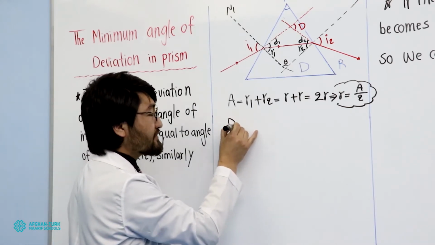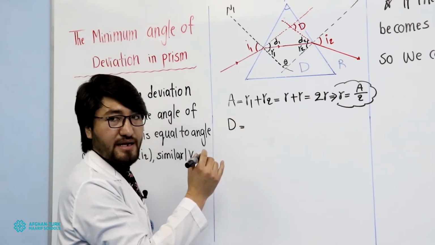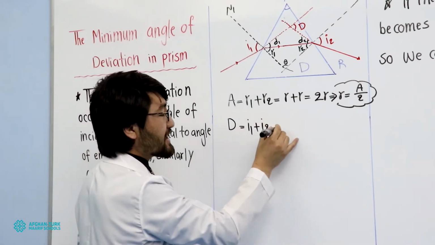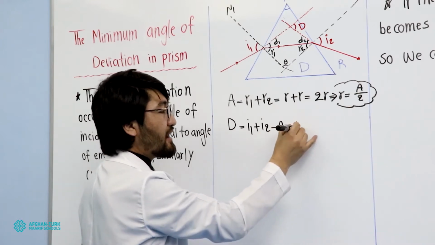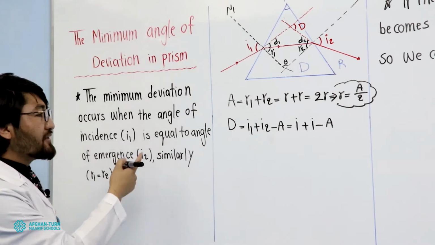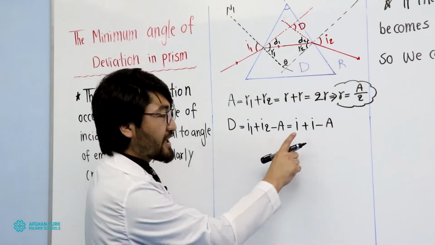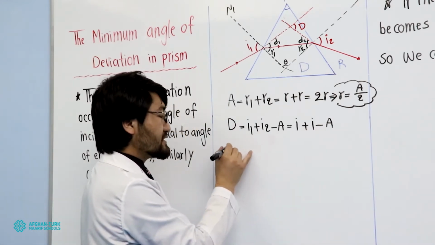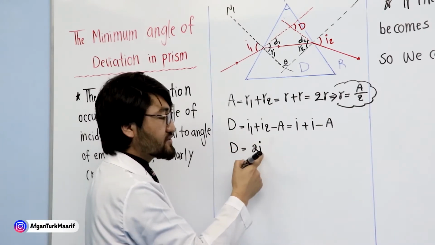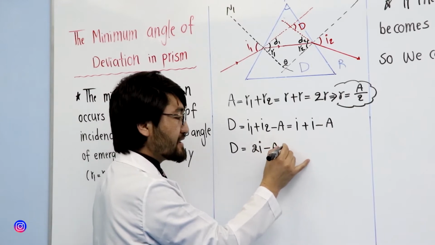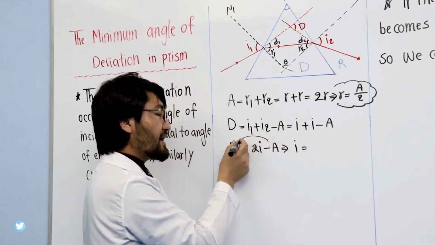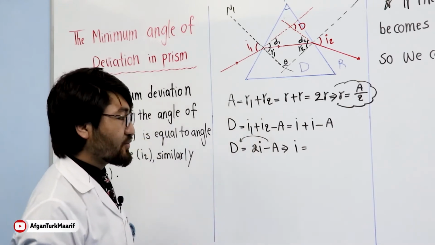Also here we have a formula for the angle of deviation: D is equal to I1 plus I2 minus A. I will write I plus I minus A because I1 is equal to I2. So D is equal to 2 times I minus A. We bring the A to the other side of the equation.